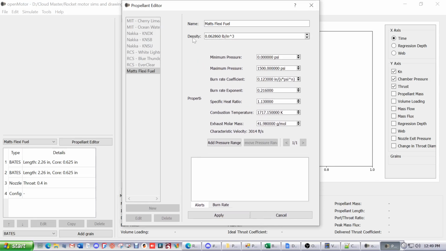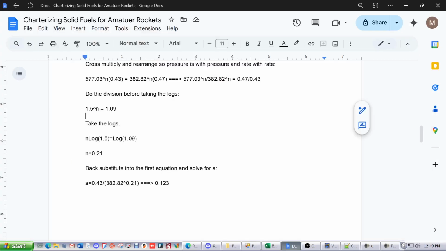Okay. Density. This is the density that I calculated: 0.06286 pounds per inch cubed. Minimum pressure of my case, 0. Maximum pressure of my motor case, manufacturer says 1500 is the safe max. Burn rate coefficient, this is the A that we calculated, 0.123, right here.